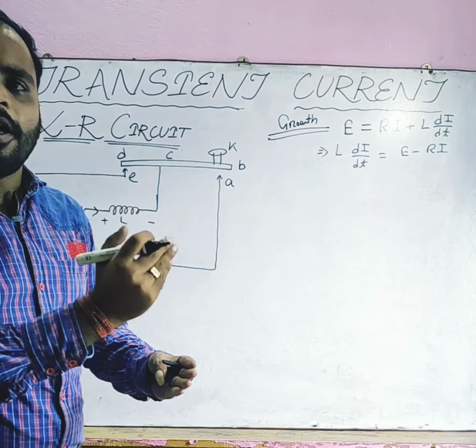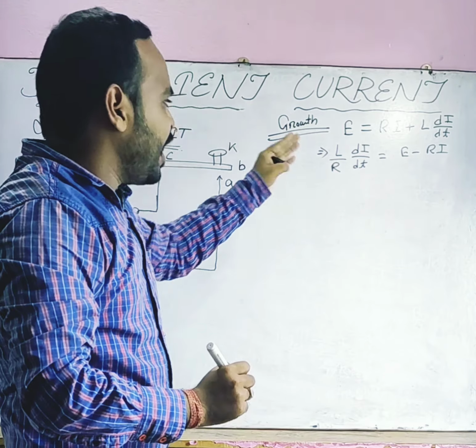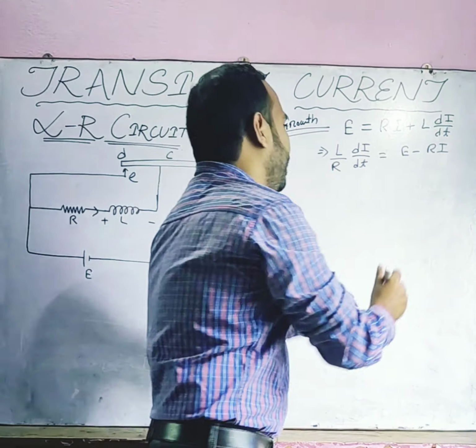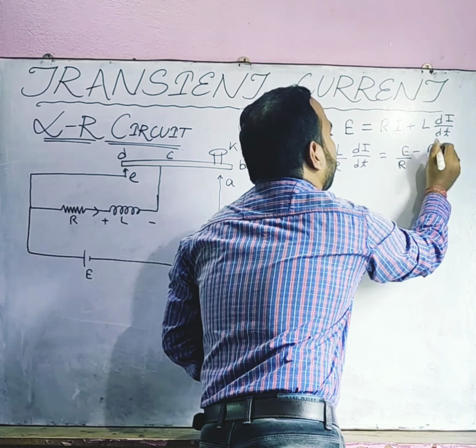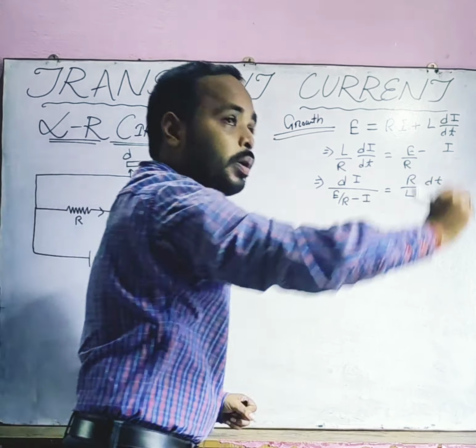Now dividing throughout by R, we get L by R di by dt equals E by R minus i. Now this becomes di divided by E by R minus i equals R by L dt.